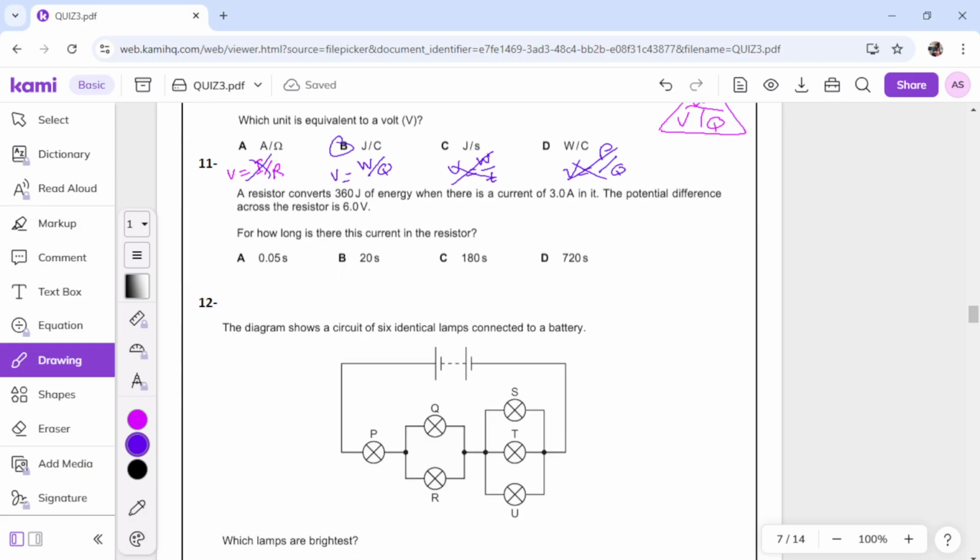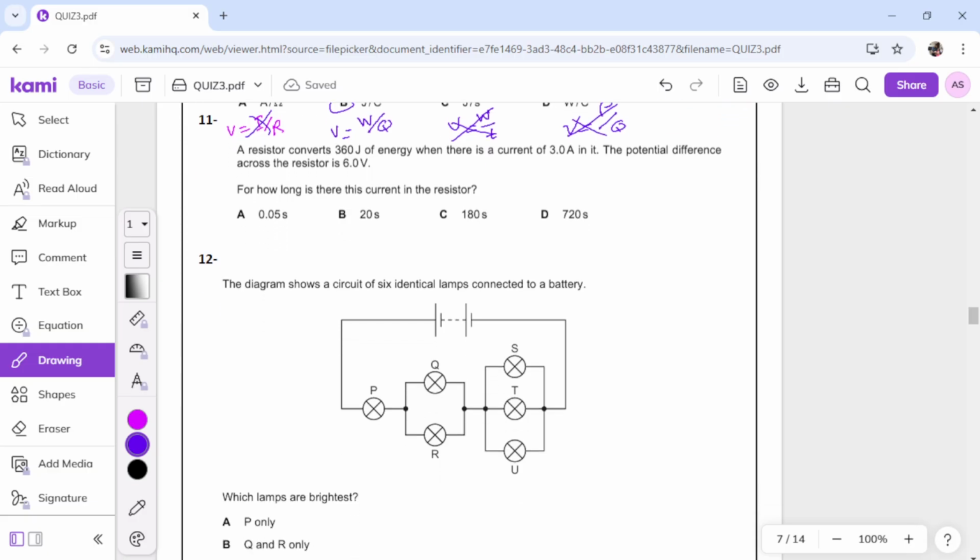A resistor converts 360 joule energy, when there is a current I equal 3 amps and a potential difference across it V of 6 volt. How long is the current in the resistor?